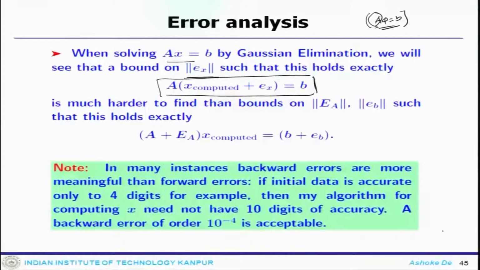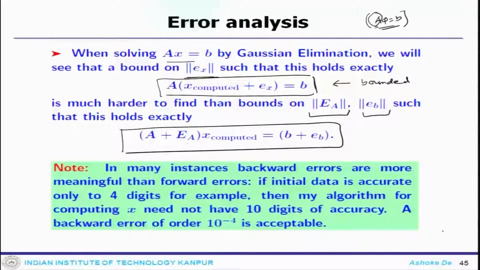So, this would be bounded for this calculation. This is quite harder to find than the bounds on E A, E B, such that this holds exactly: this particular property, A plus E A, which is the backward error, into x computed equals B plus epsilon B.